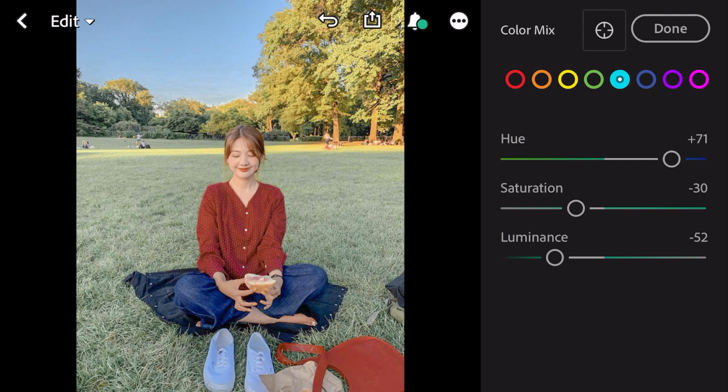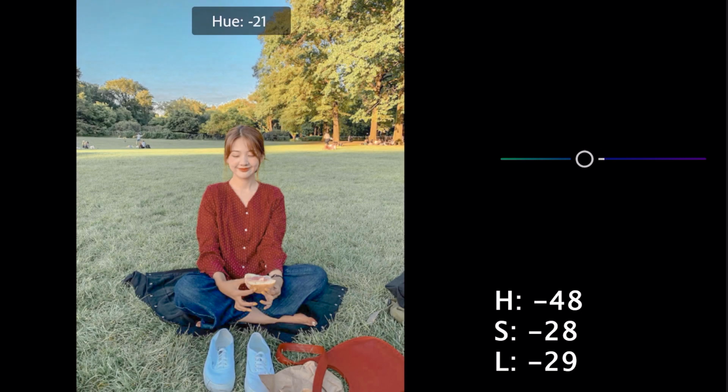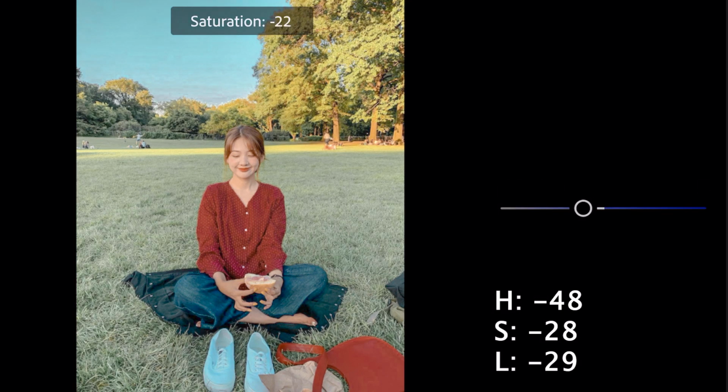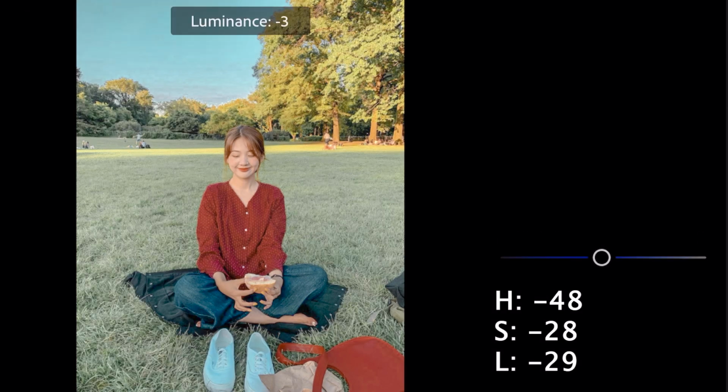Go to blue. Hue minus 48. Saturation minus 28. Luminance minus 29.